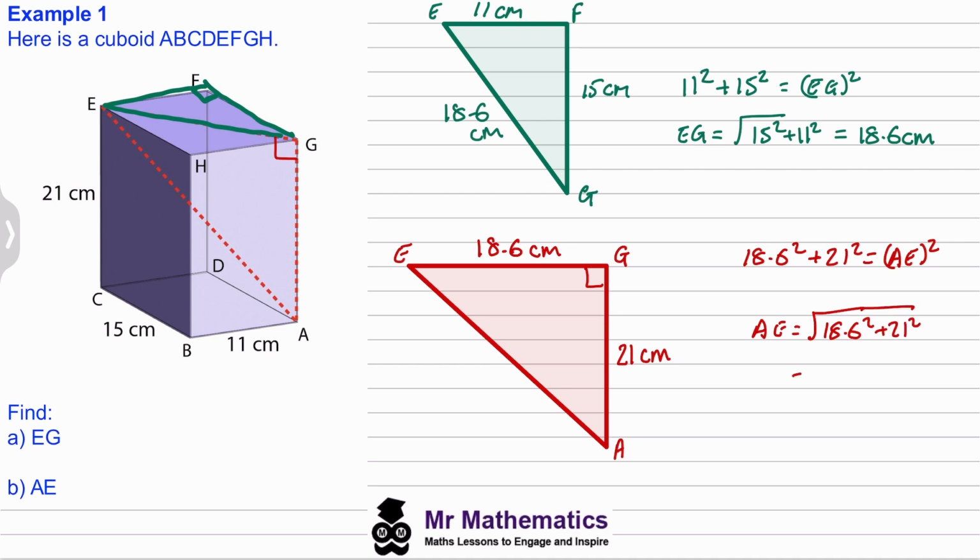When we work this out, we get 27.65 centimeters. So it's all about identifying right-angled triangles and then going from one clue to the next. We had to work out EG, and this allowed us to work out AE. Let's try example 2.